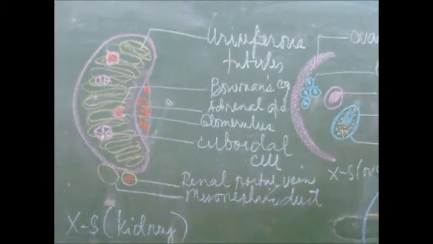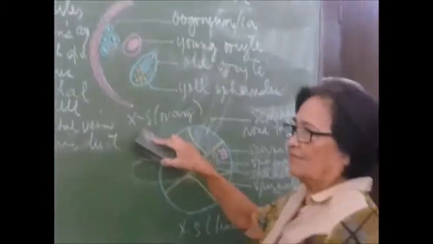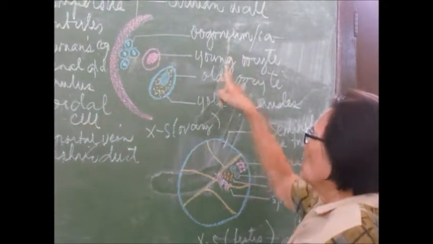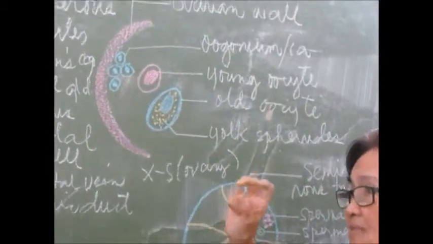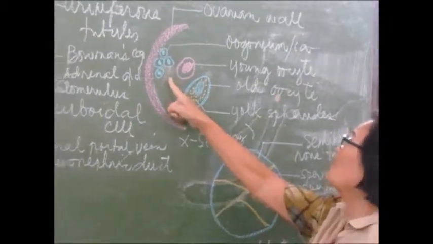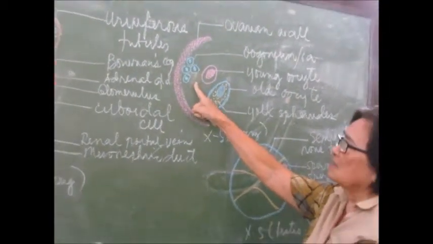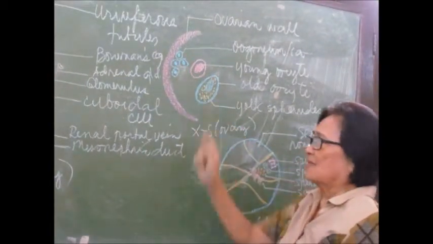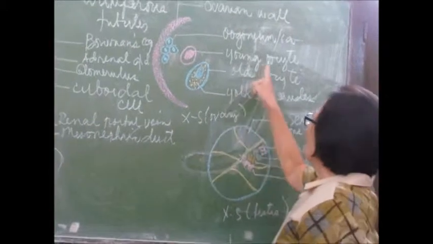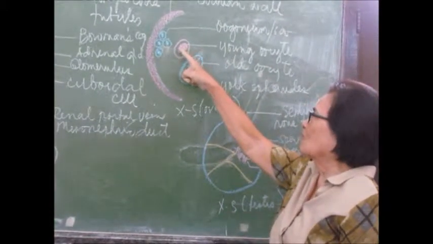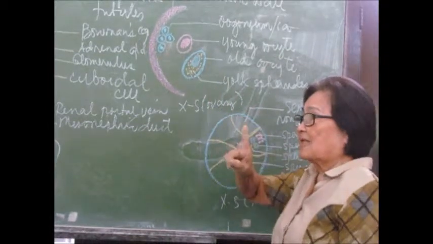Right? Now then we go to the ovary, the female. Now you can identify all of the cells because of the size and the allocation of the numbers. You have oogonia, small cells, with a nucleus, etc. Then you have the young oocyte, bigger cells, and of course also a big nucleus in the center.